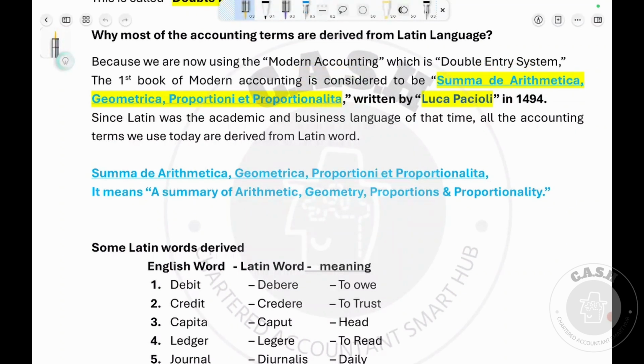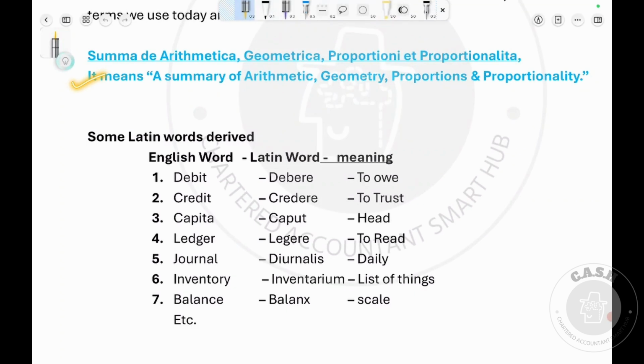The first book of modern accounting is considered to be Summa de Arithmetica Geometrica Proportioni et Proportionalita, which was written by Luca Pacioli, who is called the father of accounting, in 1494.